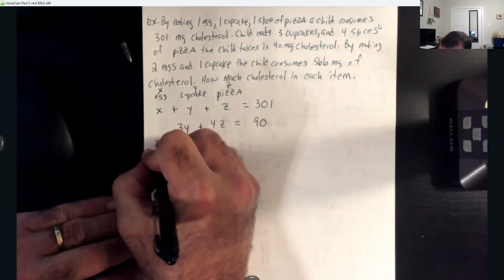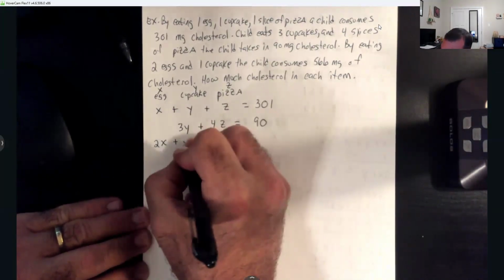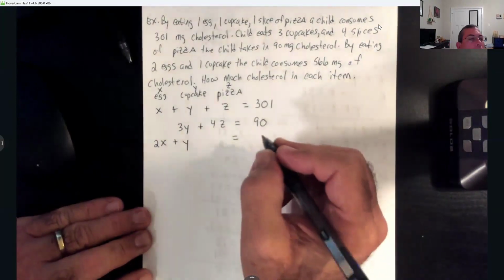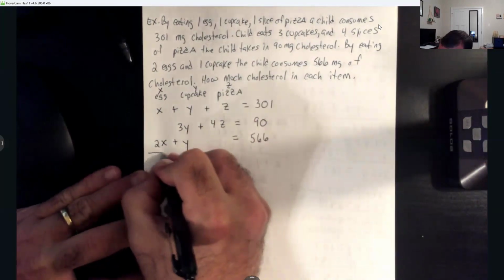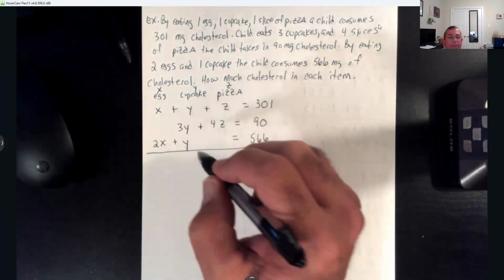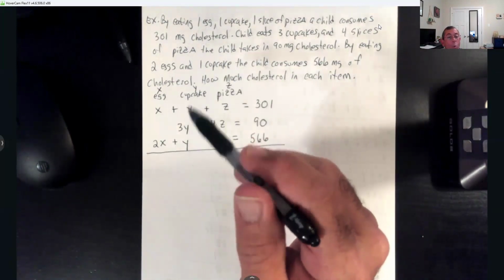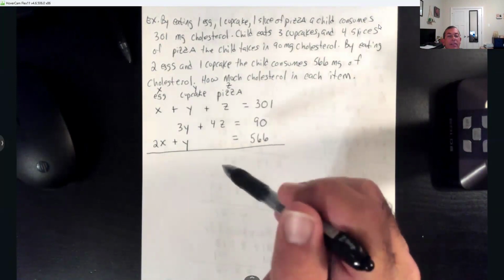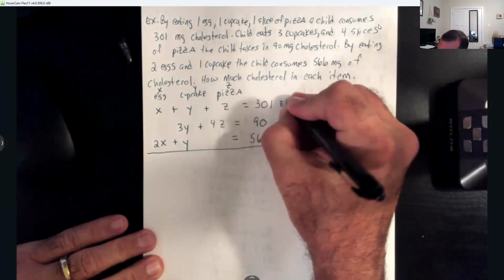So y'all, 2 eggs plus my 1y equaled, what do we say? 566. So if you notice, this one's just like the ones that we've been doing. You're missing variables here. So we can try to get rid of the x's, we can try to get rid of the y's, or we can try to get rid of the z's. So y'all on this one, what looks easy to get rid of to y'all? So we will eliminate what y'all want.